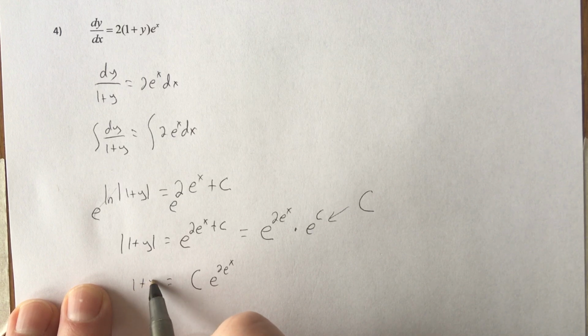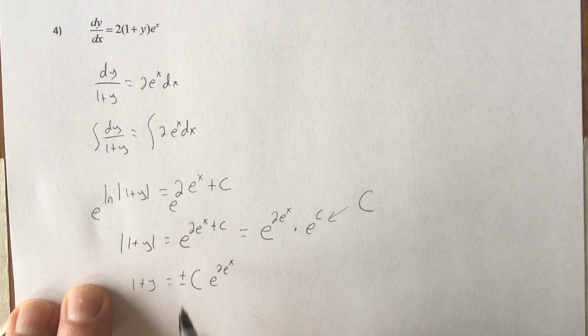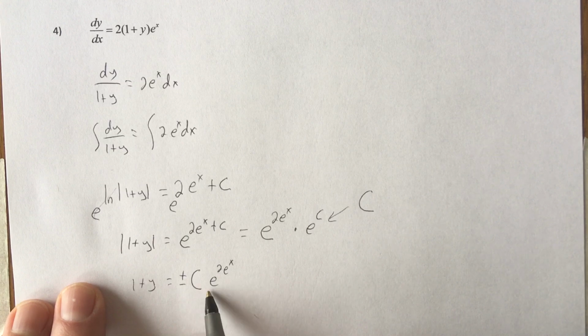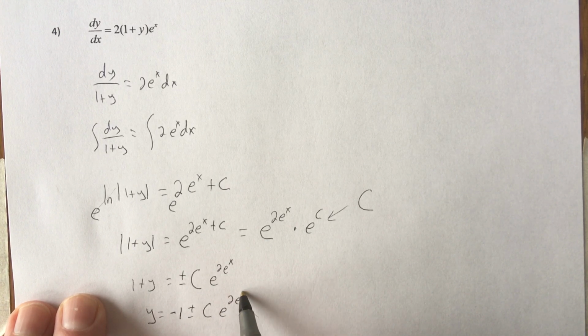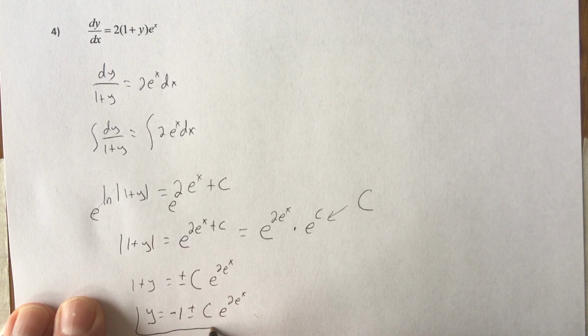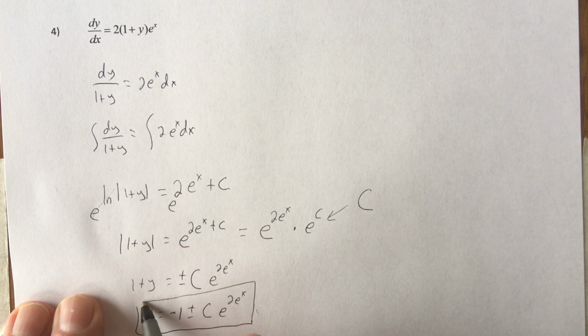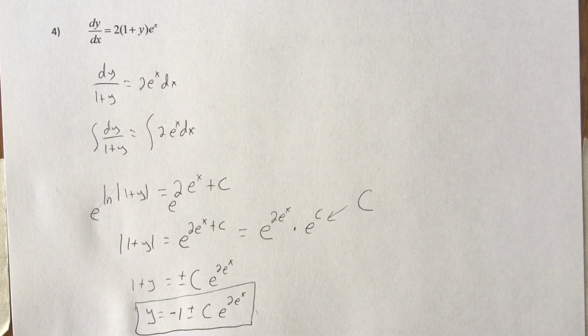I'm going to get rid of that absolute value by just putting a plus or minus on this whole side here. All right, and then we just have to subtract 1. So it's going to be negative 1 plus or minus C e to the 2e to the x. Looks weird, but that is correct. And that's all we have to do for that one.